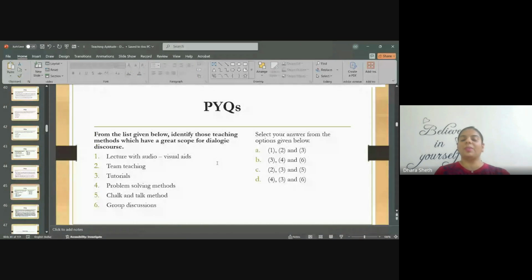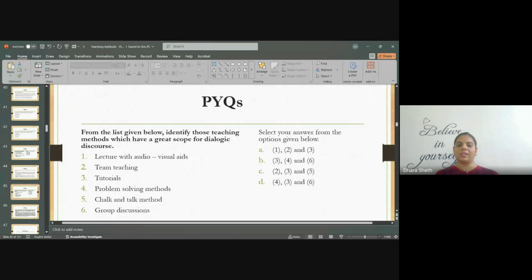Okay. From the list given below, identify those teaching methods which have a great scope for dialogic discourse, where a dialogue is possible, where there is a bigger scope to have dialogue. Which 3 of them?